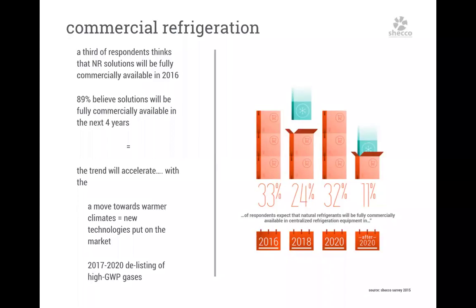So it's a little bit more hesitant than for light commercial or for the food service sector, but the industry is still very confident. The trend here will accelerate with a trend towards warmer climates, as I was saying, as we can see in Europe or in other regions as well. More and more solutions are being developed for meeting the needs of higher ambient temperatures, and also the delisting of high GWP gases by the US EPA.